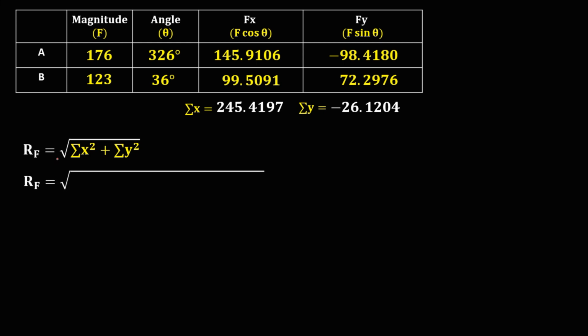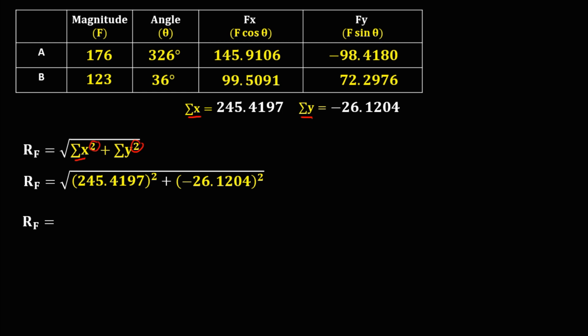Then substitute all the values. For the summation of x, that's 245.4197 to the power 2, plus the summation of y, that's negative 26.1204 to the power 2.